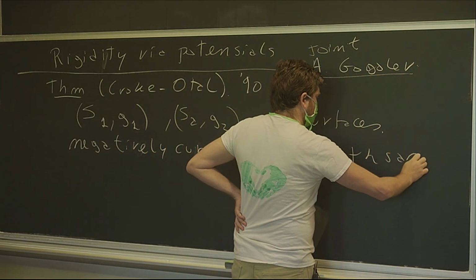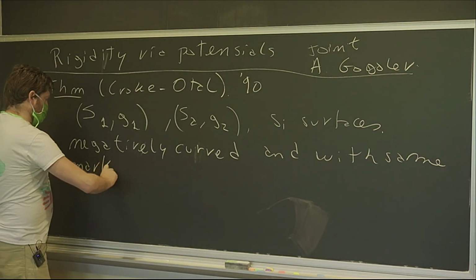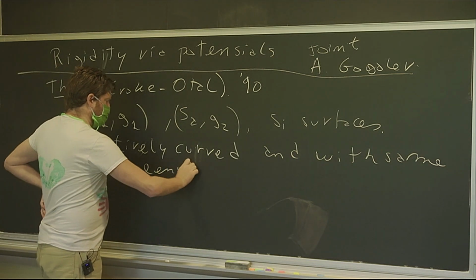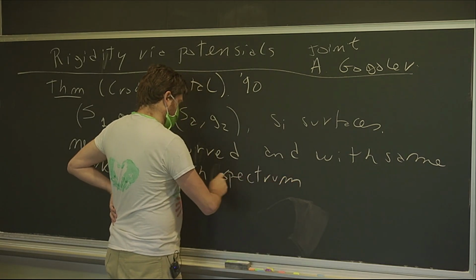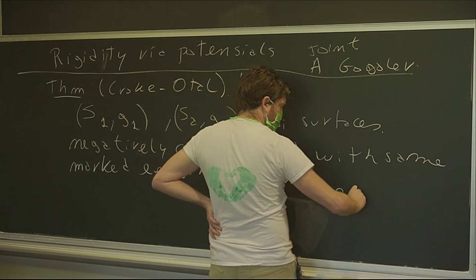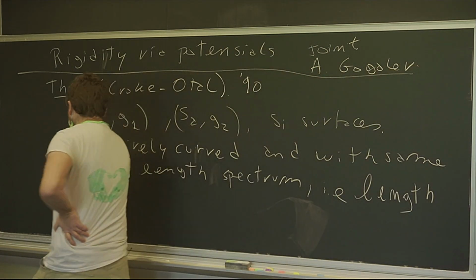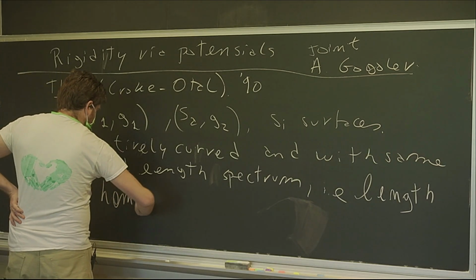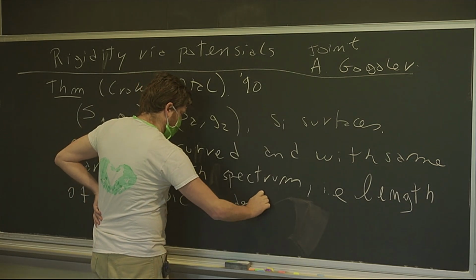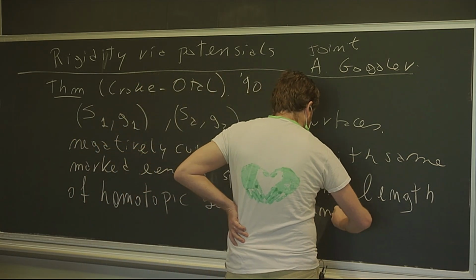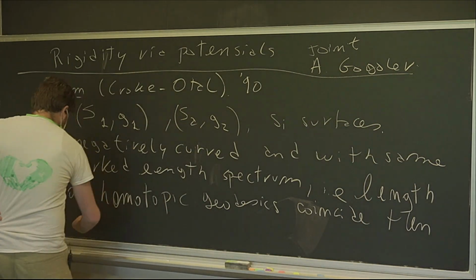with the same so-called marked length spectrum, and this essentially means the lengths of homotopic geodesics coincide, then they are isometric.